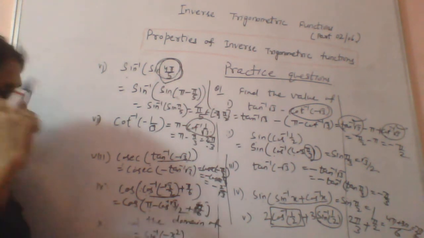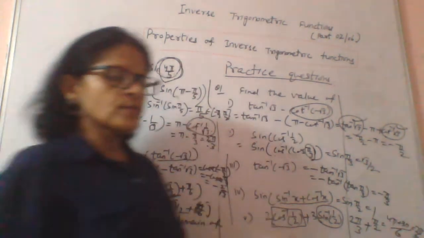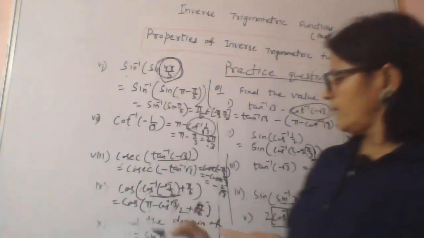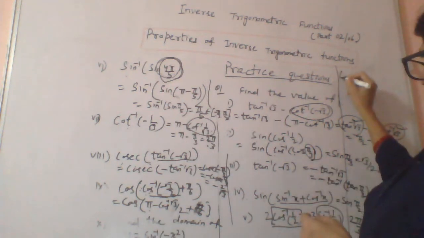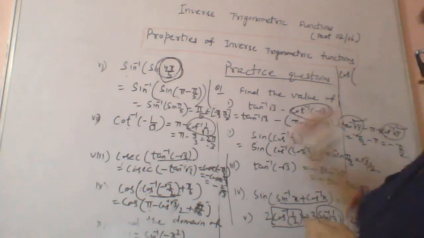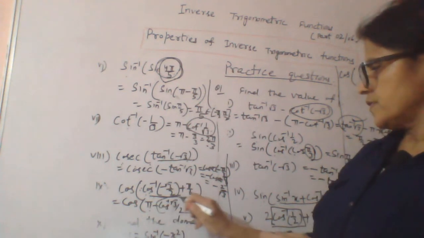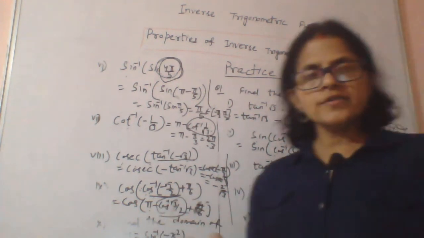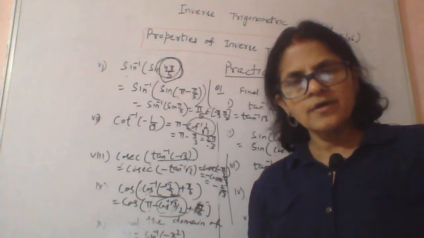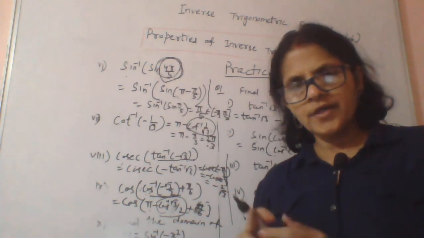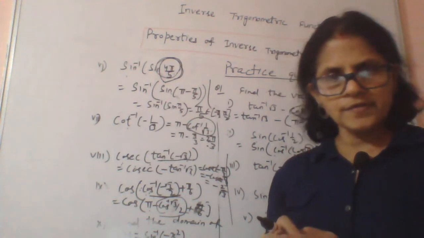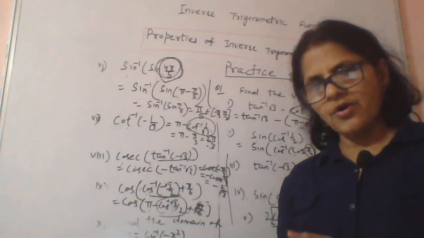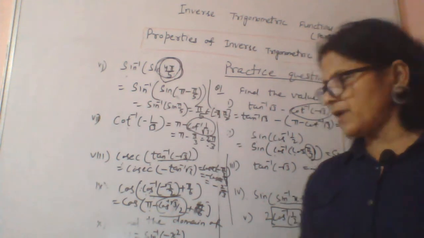So I am just writing here cos of pi minus cos inverse root 3 by 2, plus pi by 6. Cos inverse root 3 by 2 is what? Pi by 6. Cos 30 degrees is root 3 by 2, so cos pi by 6 is root 3 by 2, and cos inverse root 3 by 2 is pi by 6.